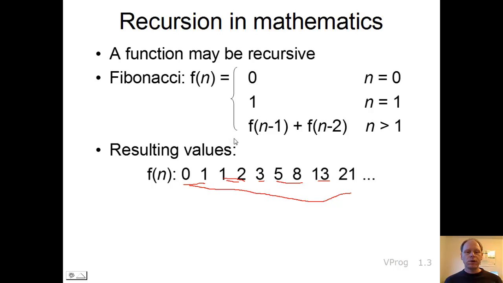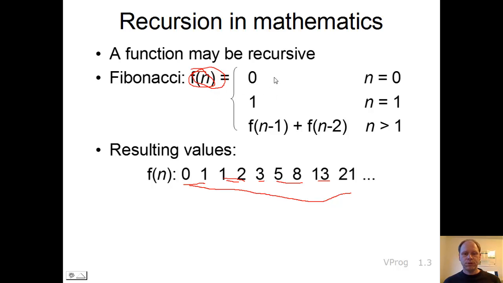This is formalized in this definition here, the Fibonacci function. The Fibonacci function takes as input which Fibonacci number you want to compute, the number n in the sequence of Fibonacci numbers, and then the result is the Fibonacci number.